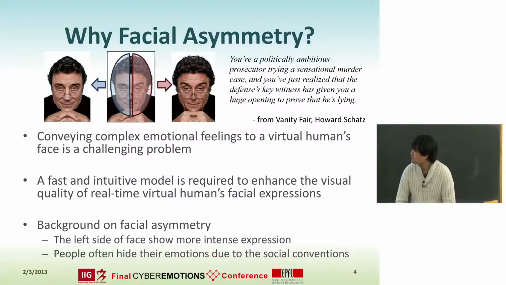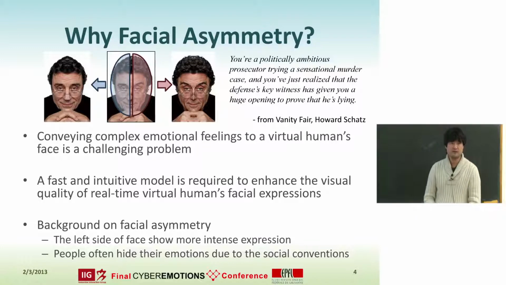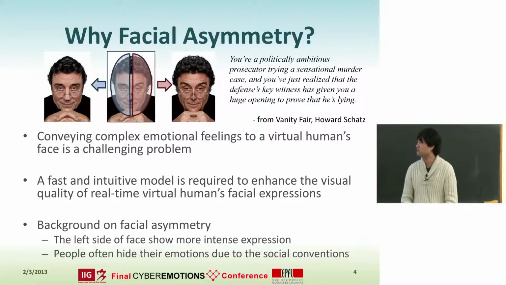To do this, we discussed and did some literature survey on psychology, because we are not psychologists, and there were some interesting findings about facial asymmetry from the psychologists. First is, when a human expresses an emotion, the left side of the face is known to be more intense in the expression.